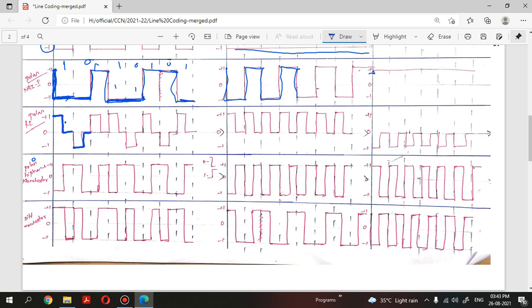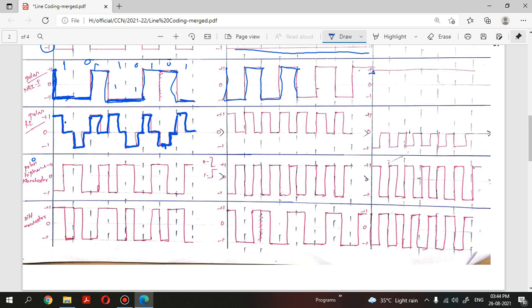Next one is 1, positive to neutral. Next one is 1, positive to neutral. This is how it needs to be drawn. So for 0, I maintain negative to neutral, and for 1, positive to neutral; for 0, negative to neutral, and for 1, positive to neutral. Finally join this. This is how it needs to be drawn. So this is what the polar RZ mechanism is.